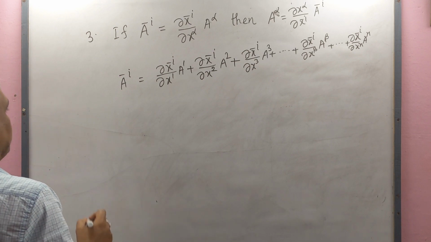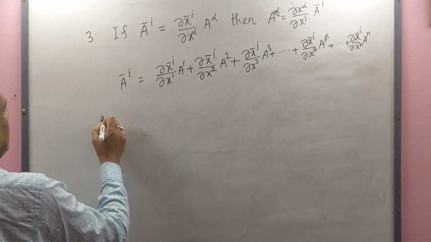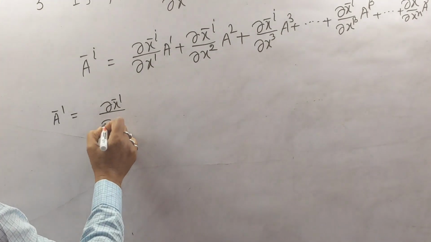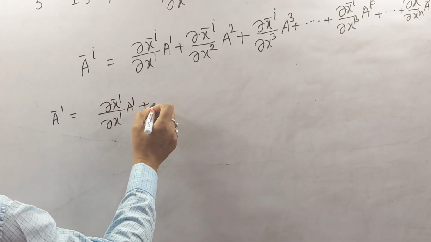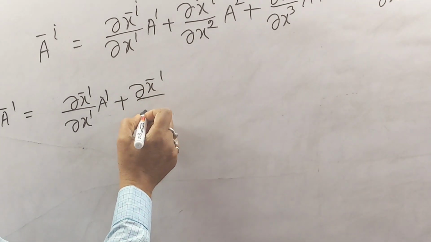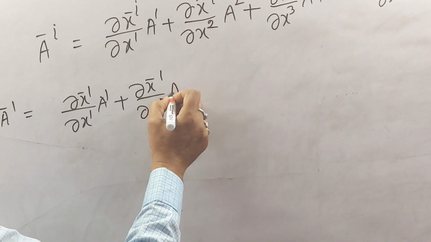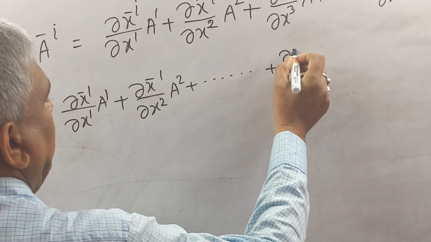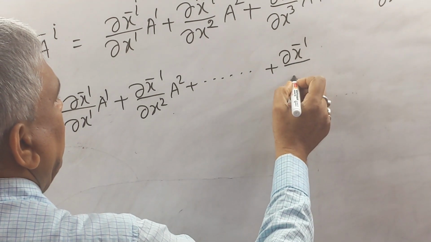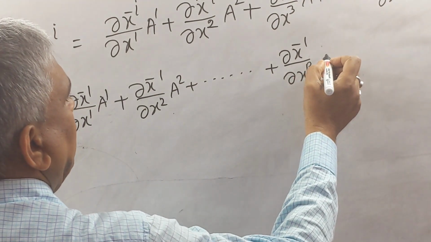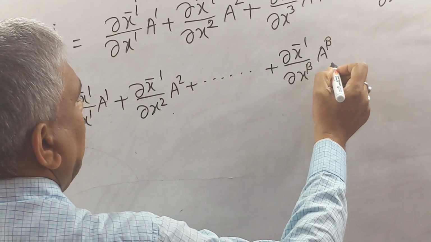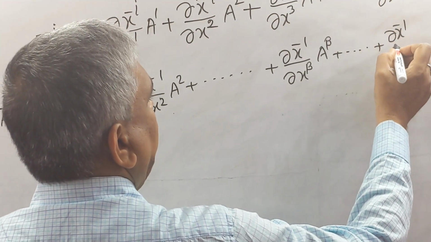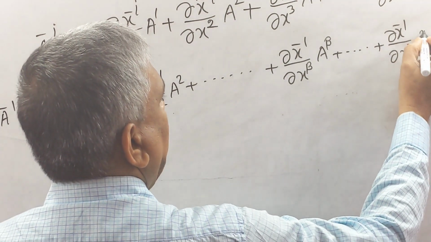Putting i equal to 1, we get a bar 1 equals del x bar 1 by del x1 a1, plus del x bar 1 by del x2 a2, plus del x bar 1 by del x beta a beta, plus del x bar 1 by del x n an.